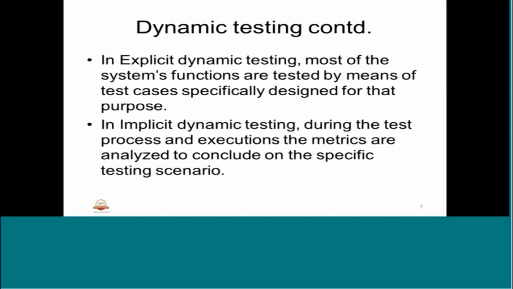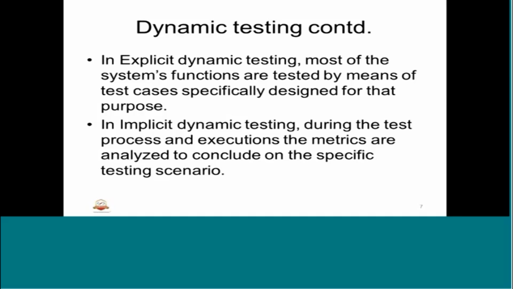Also, we had gone through two types of dynamic testing at a broader level. Explicit dynamic testing, where most of the system functions are tested by means of test cases specifically designed for that purpose. Implicit dynamic testing, where we do the testing based on what we have done using explicit dynamic testing.